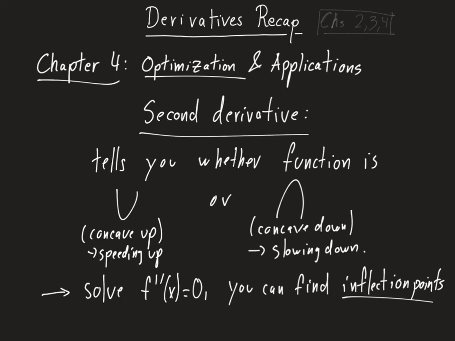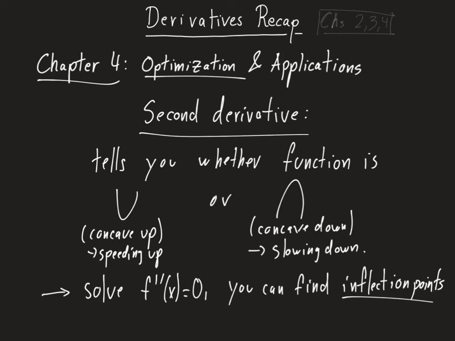So you go from upwards U to downwards U, or from downwards U to upwards U. It also means that you go from speeding up to slowing down, or from slowing down to speeding up again. The idea is exactly the same as all the stuff for first derivatives, but we're talking about a slightly different quantity. I want to mention this because this is relevant, and because, just like in chapter 2, we discussed everything from the perspective of first derivatives and then mentioned second derivatives, I think it's useful to do the exact same thing here in chapter 4.